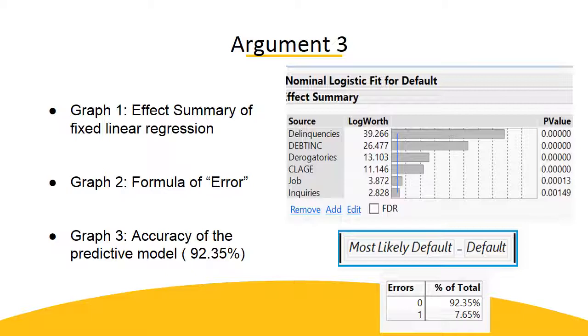By using this, we can see the third graph is the accuracy of our predictive model. Because the real percentage of errors is 7.65, our predictive model is 92.35% accurate. It is comparatively high, but there is still space to improve.